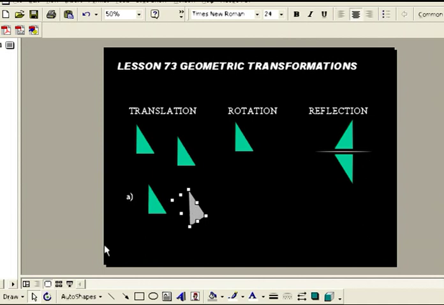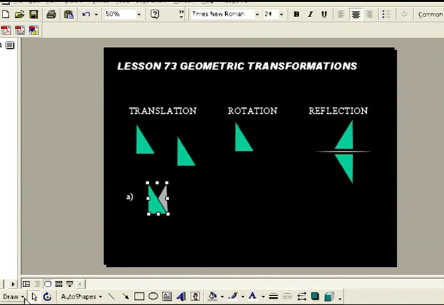Well, first, it looks like it's tilted a little bit, so we could rotate it and just do a free rotate and get it sitting straight up and down again. It's not quite there. And then we could take it and lay it right on top of the green triangle, but we see that we need to flip that still.